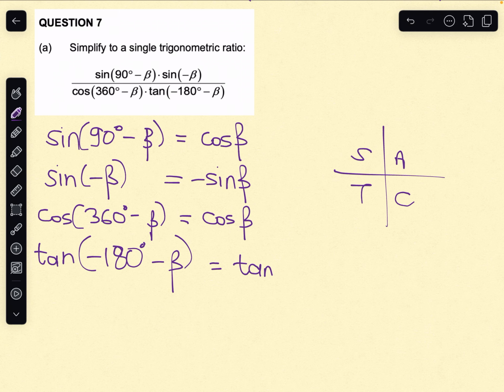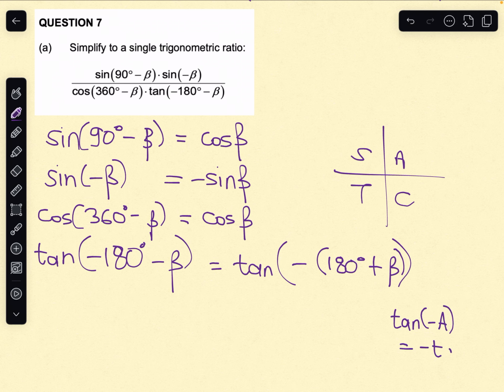Right, so the way that I learned how to approach a reduction like this would be to say, okay, maybe I factor out the negative 1 so that this becomes 180 plus beta. And 180 plus beta, we know the reductions for that. So there's a two-step here. First, we're going to use the fact that tan of negative a is equal to negative tan a. So in this case, our a would be 180 plus beta.